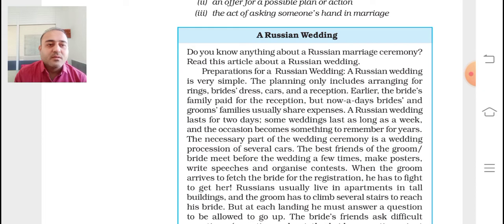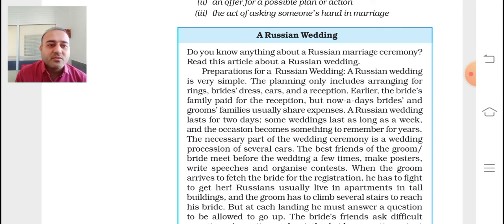Okay, so marriage occasions are usually the most remarkable thing in the life of the person, and which is remembered for years. Okay, the necessary part of the wedding ceremony is a wedding procession of several cars. Okay, so the procession has several cars in it.